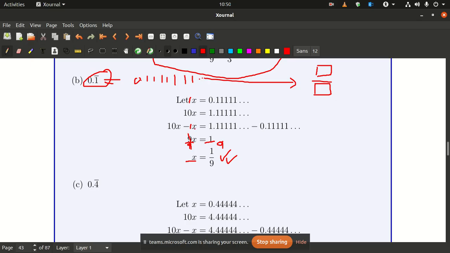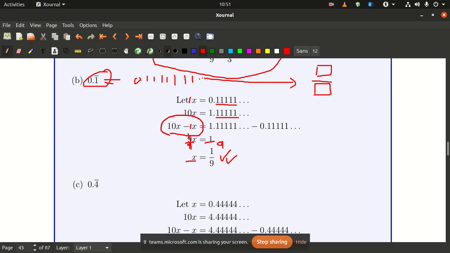We are subtracting because we want to remove the numbers after the decimal point so that we deal with whole numbers. That's why we are subtracting. Hence, we say 10x minus 1x, which is this part here.